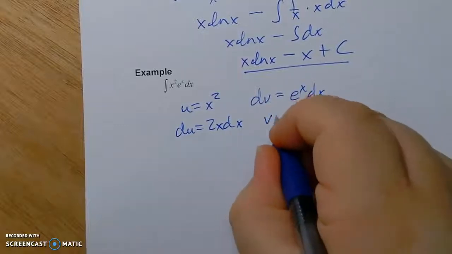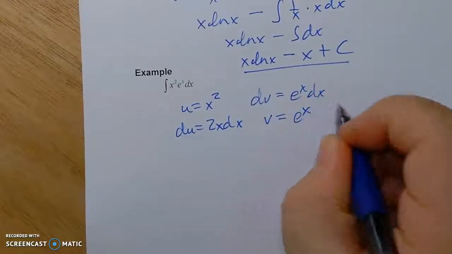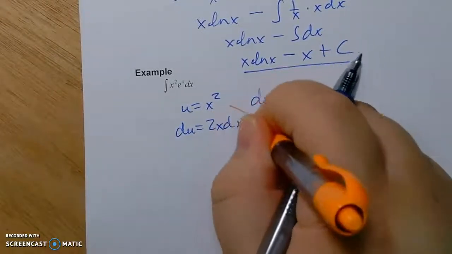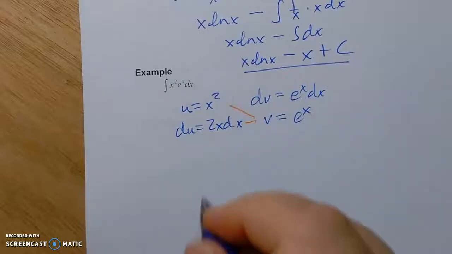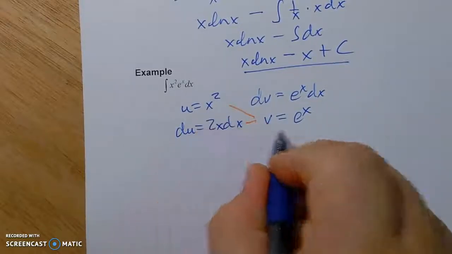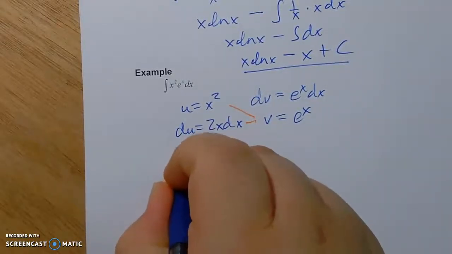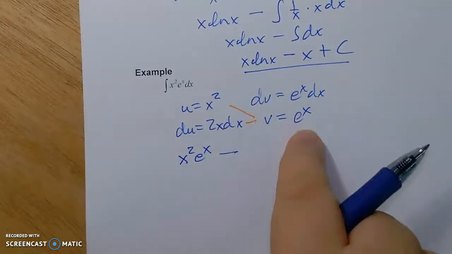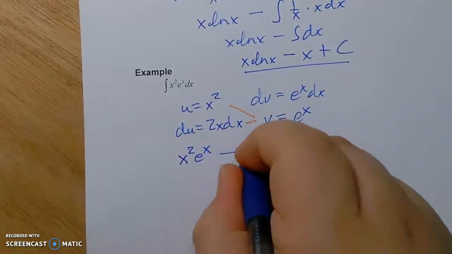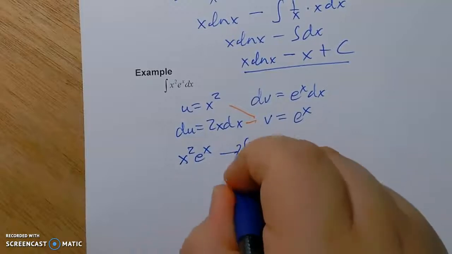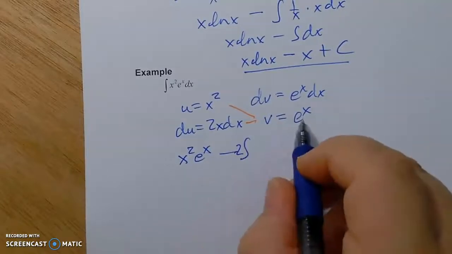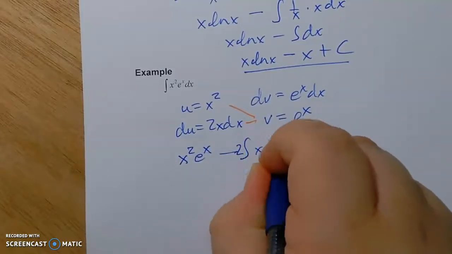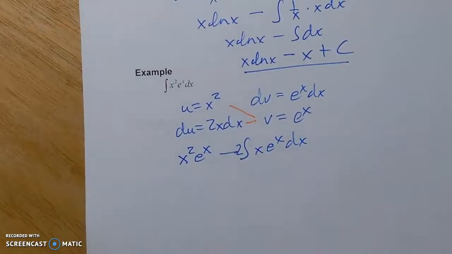Integral here is v equals e to the x. Can handle both of those. So uv is x squared e to the x. We're going to subtract the integral of this product. I'm going to put the 2 out front because it's just a constant. And we get x e to the x dx.